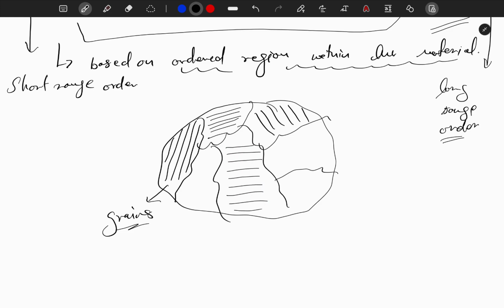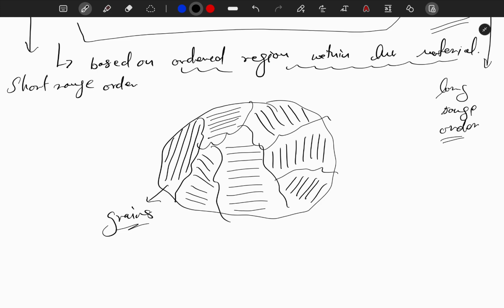But as you can see, the size of these grains is irregular. It means that some are big and some are small, and the orientation is also different in different regions.